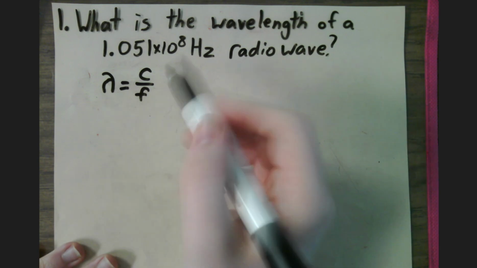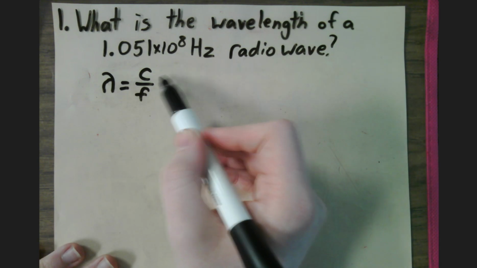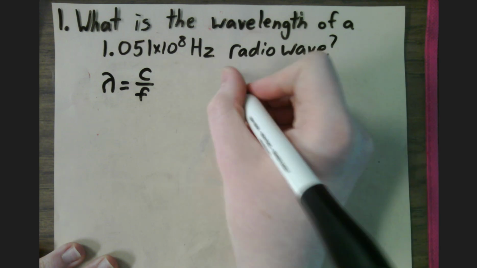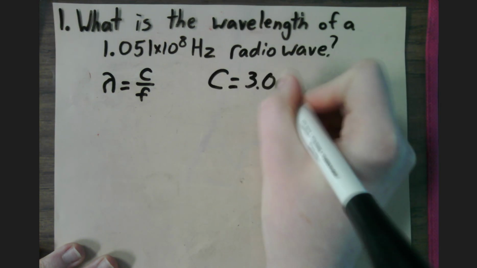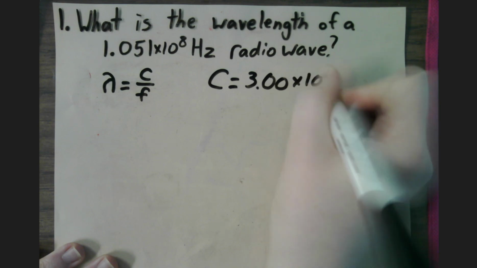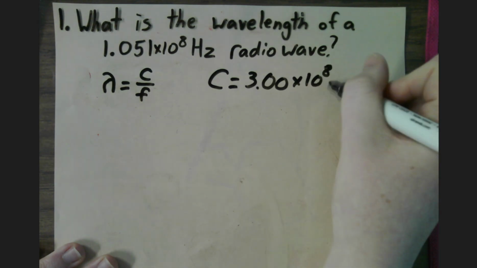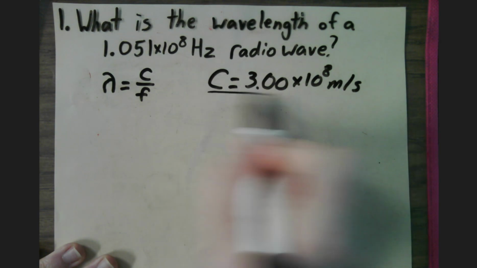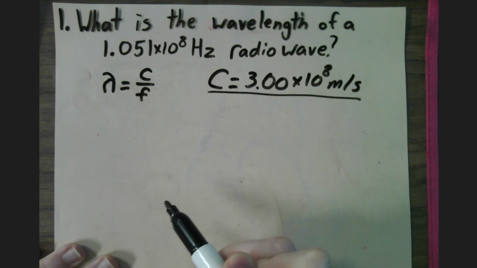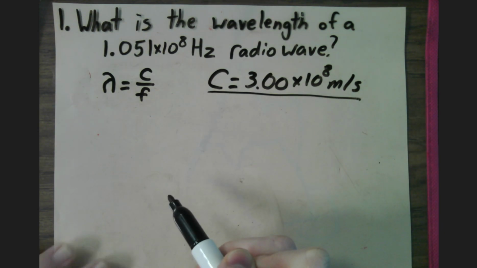So, c in all of the problems we're going to be doing is the constant 3.00 times 10 to the 8th, and our units are meters per second. You are going to use this in every single problem, figuring out our wavelength.